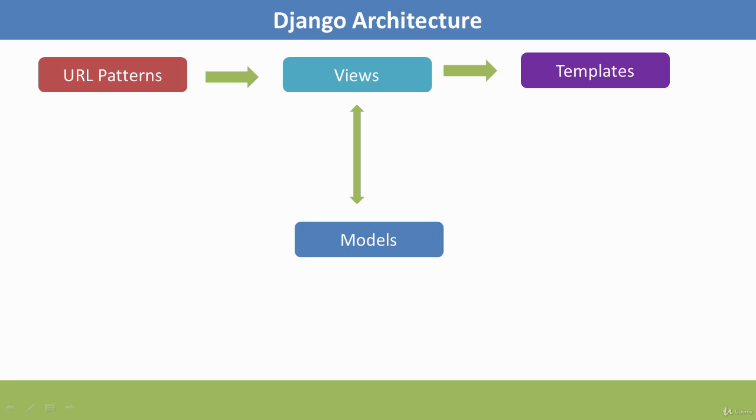This was a brief lecture on an illustration of how Django architecture works. So basically, it's an MVC type of architecture, but broken up in 4 parts. The first is the URL patterns. When the URL patterns come in, they pass the information based on the path to the views.